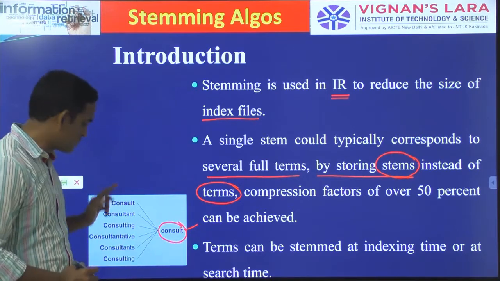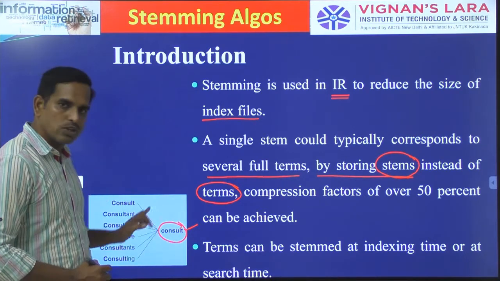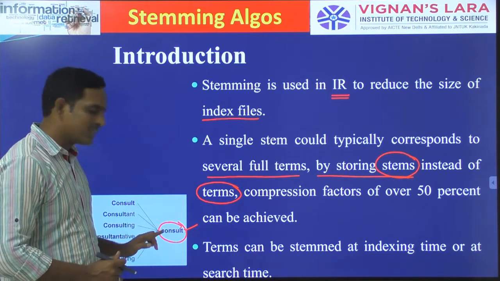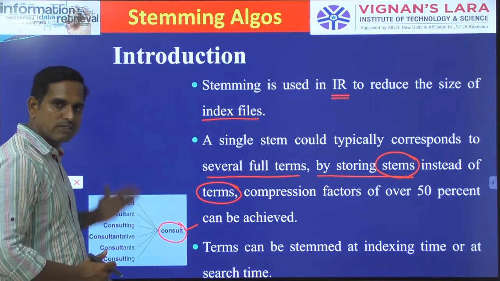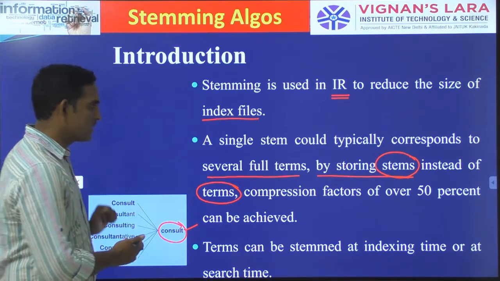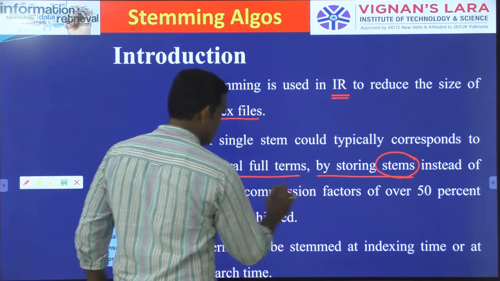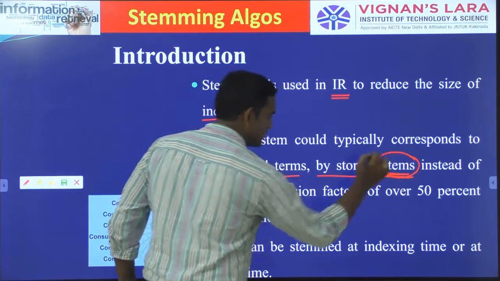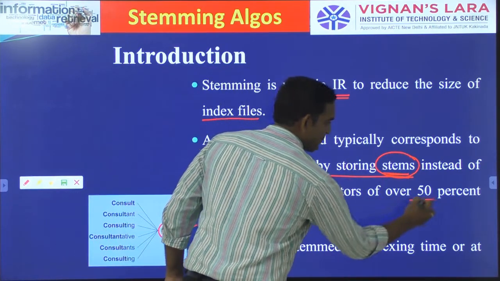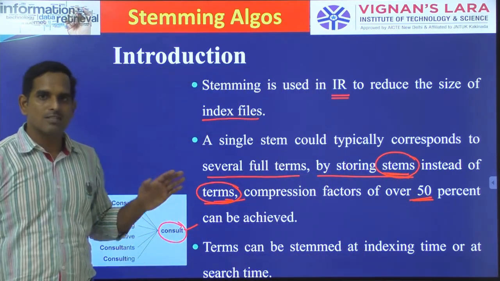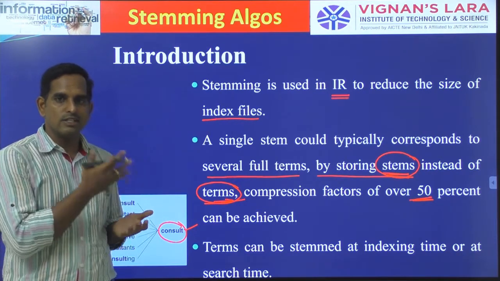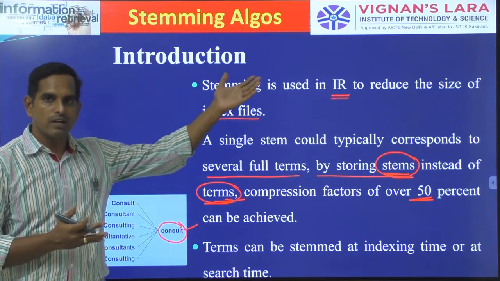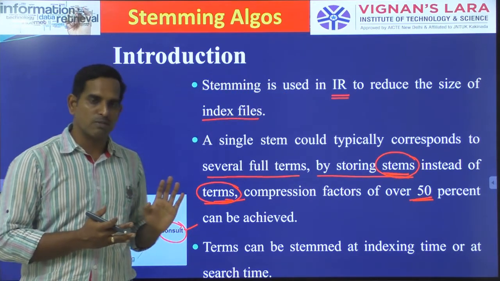This is the stem of all these words, so we will be storing only the stem part. When I store the stem part, we will be able to reduce a large part of the index. So you can compress your index by more than 50%. As you can understand, the size of the index will help you in information retrieval performance.